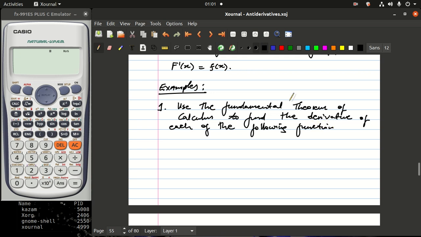So you want to find the derivative of each of the following functions.